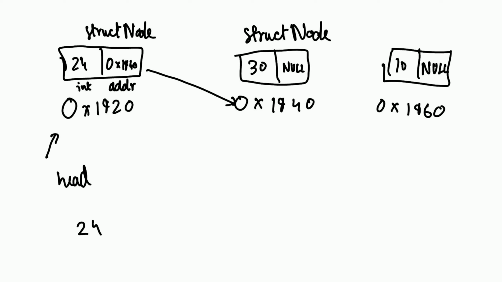When we add this node, we make sure that we erase this null and make sure that our next is pointing to the address 1960. So when we access this address, we can see that we have a structure node over here.